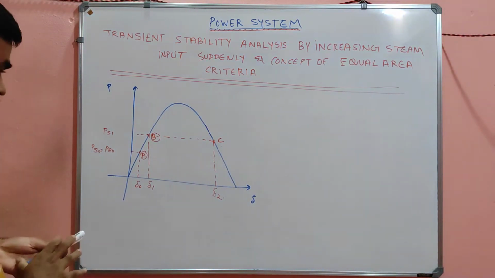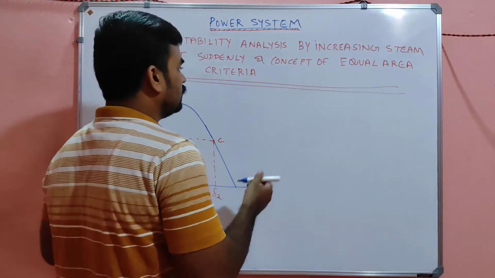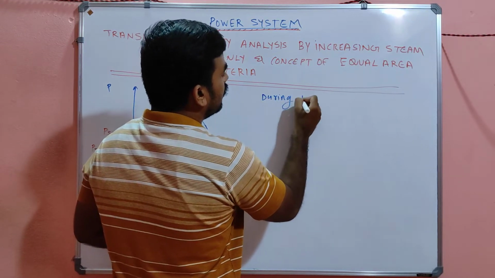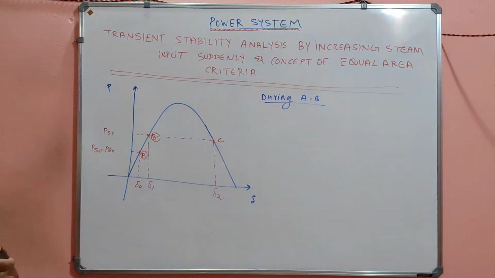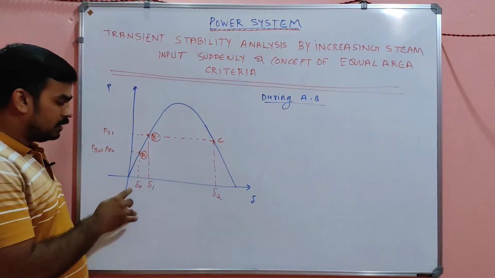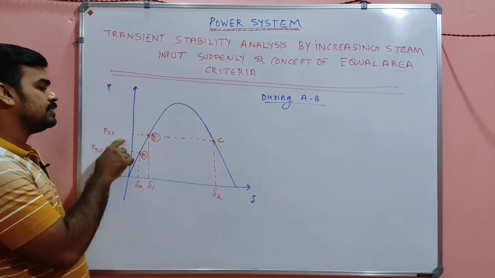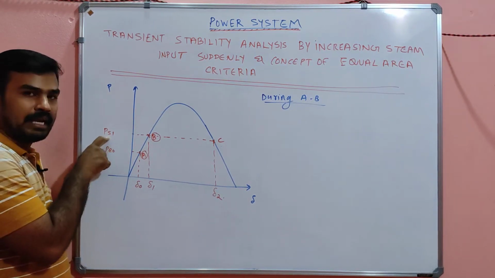We can analyze these things with respect to three regions. First, during A to B. What happens during A to B? The rotor angle is increased to delta 1. How can we increase the rotor angle? We increase the mechanical power input.